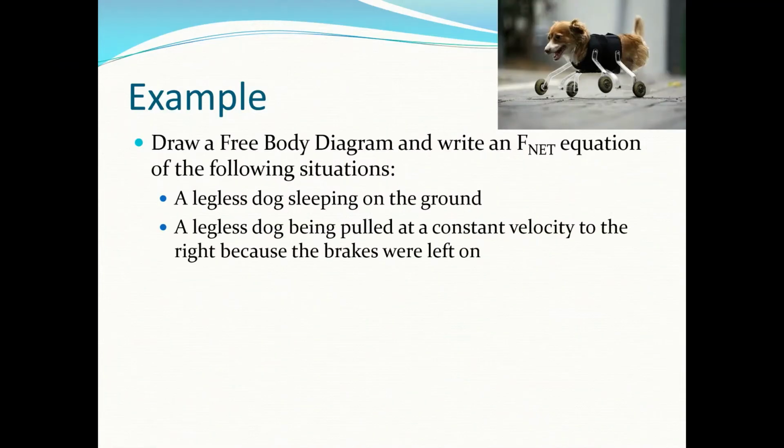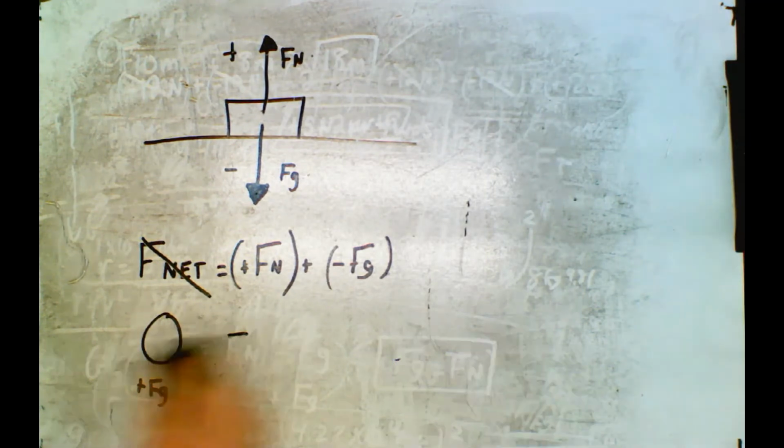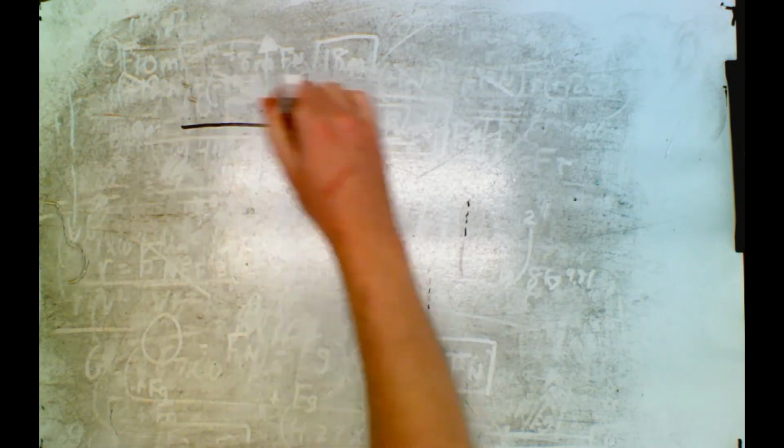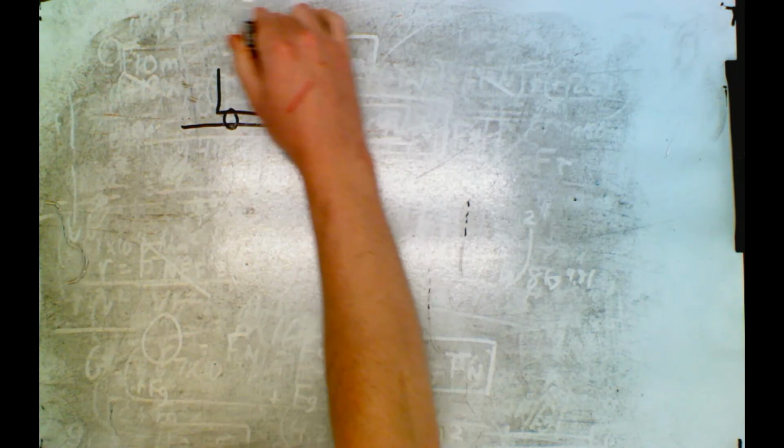So here's our next situation. A legless dog is being pulled at a constant velocity to the right because the brakes were left on. So my legless dog is being pulled at a constant velocity to the right because the brakes were left on. Cool. So let's do that one. I'm going to draw wheels on my dog because we're moving now.